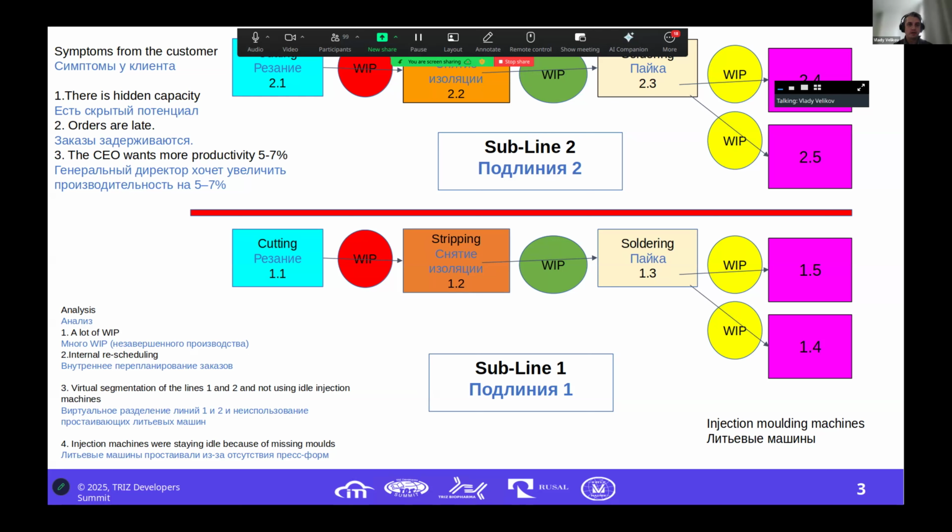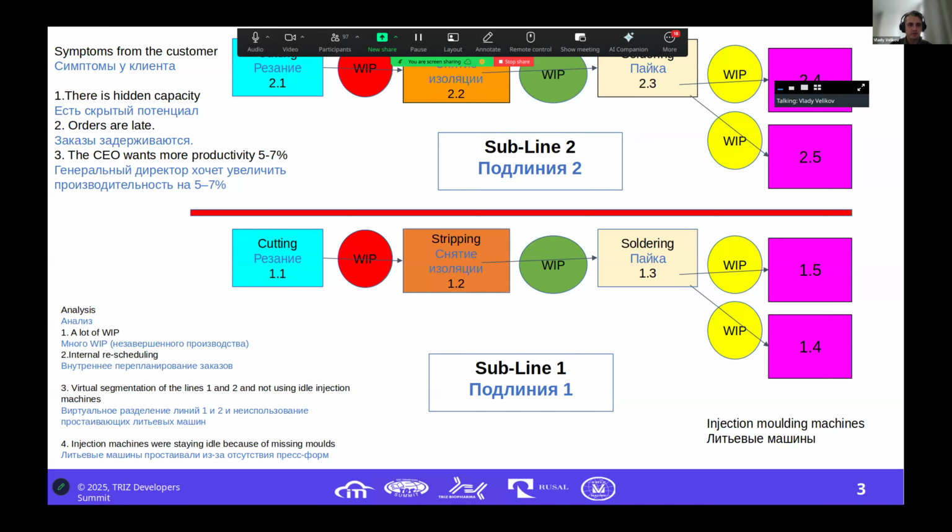When I did the analysis, let me explain the line. First, we have two sublines. The process is first we have a cutting machine. They put a cable and the machine automatically cuts it into the sizes which you want, 5, 10, 50 centimeters, how much you want.